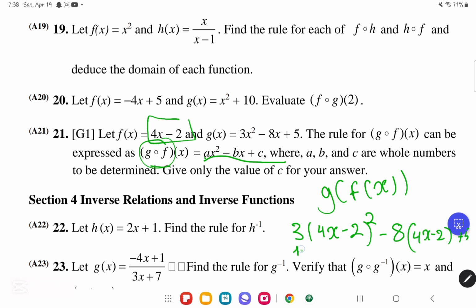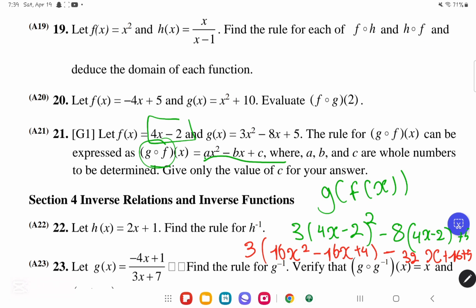So it becomes 12x. Or no, I have to distribute it first. So then it will become 3 times (16x squared minus 16x plus 4) minus 32x plus 16 plus 5. Now you add them all together, okay?